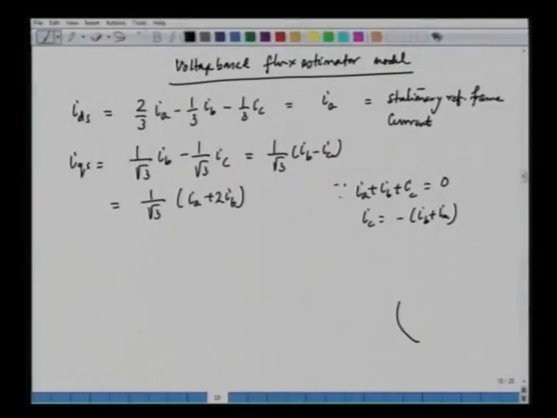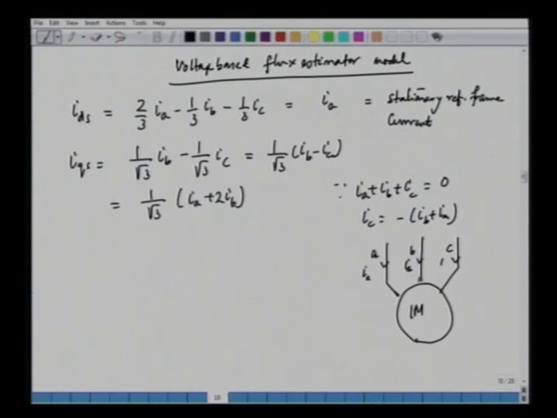What we do here, we have to only measure IA and IB of the machine. The machine is a 3-phase machine. These are the 3 different phases. This is the induction motor, and we have here phase A, phase B and phase C. Since we have a 3-wire system, we can always say that IA plus IB plus IC equal to 0.